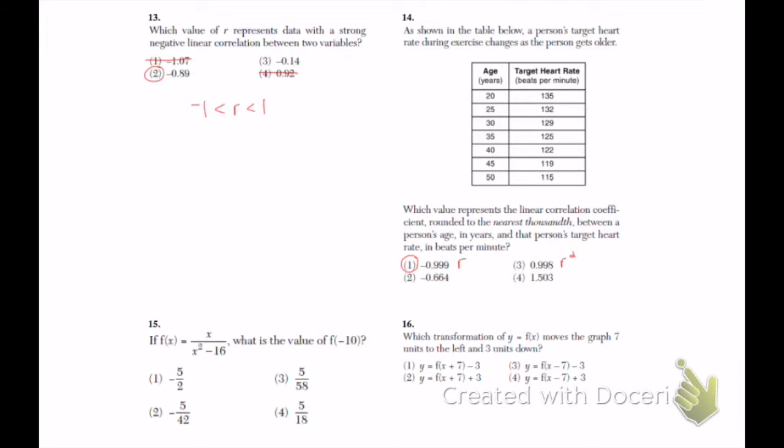Alright, so the next question reads, if f of x equals x in the numerator divided by x squared minus 16, what is the value of f of -10? Well, what does f of -10 mean? It means that we are going to substitute the x with -10. So we can write this as f of -10 equals x over x squared minus 16.